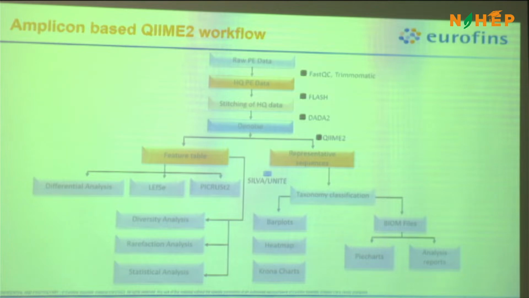If it is any other custom amplicon, for example nematode or insect, insect identification can also be done through microbiome. We can also identify plants by amplicon. If there are different sorts of plants and we want to identify which plant it is, again, we can do an amplicon-based analysis.